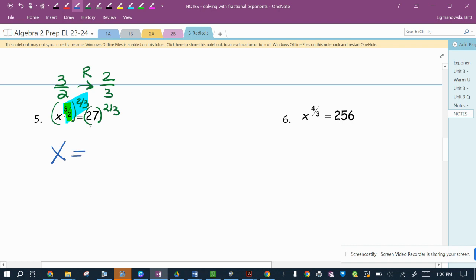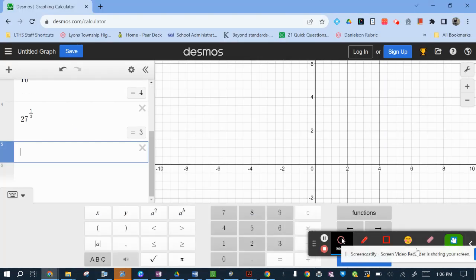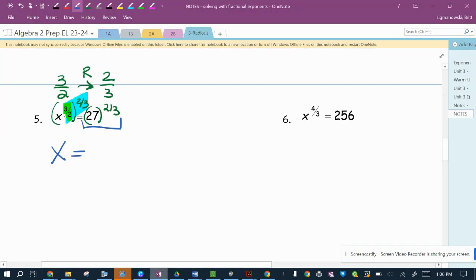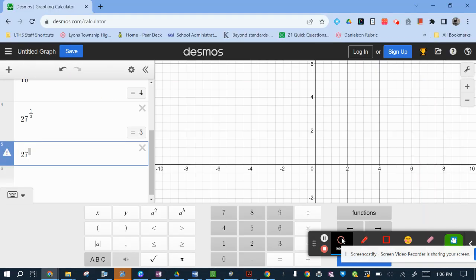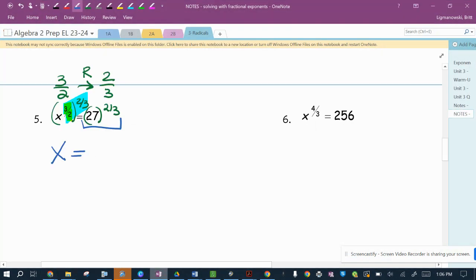Then I'm going to put this in the calculator: 27 to the 2 divided by 3 power. Make sure you make that an exponent, the power, and we're going to get 9. And again, this bottom number is odd, so it's not plus or minus, so it's just 9.